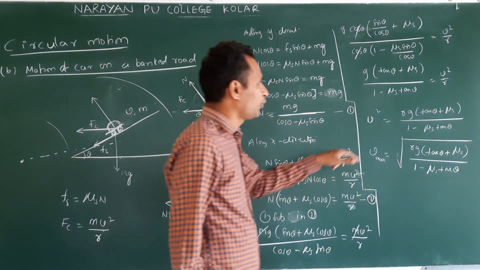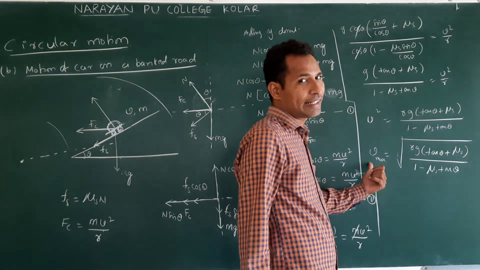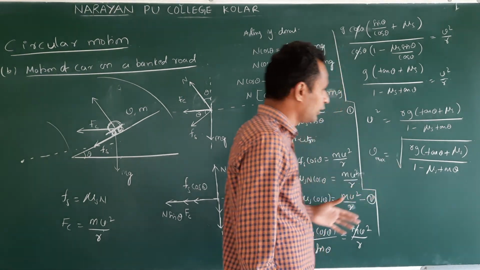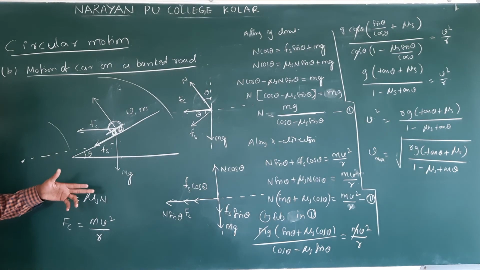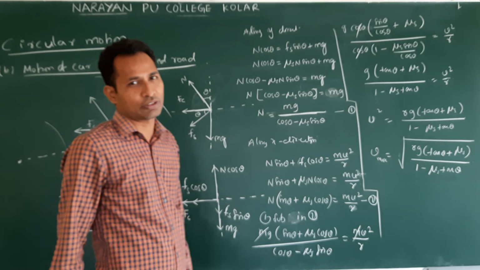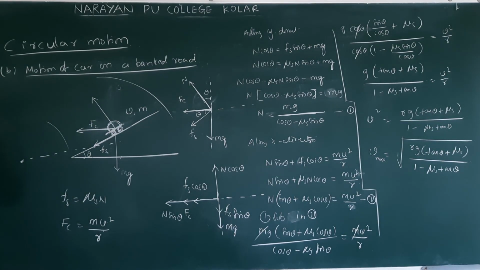Clear? Or if you want to calculate theta, then we concentrate on velocity. If you want to know, for a certain velocity, what should be the banking angle, in that case we need to make tan theta the subject. So this we do expect for what? 5 marks. Very simple. What you need to do?